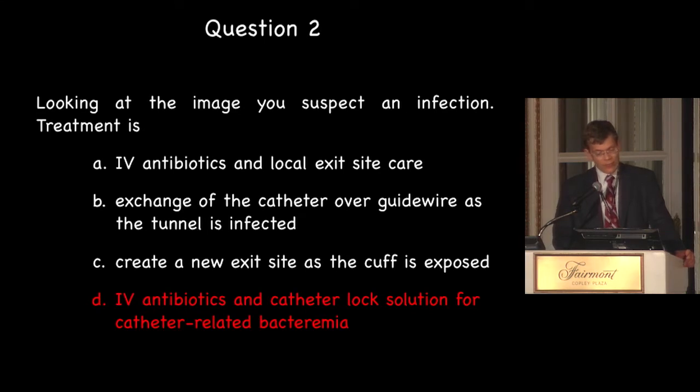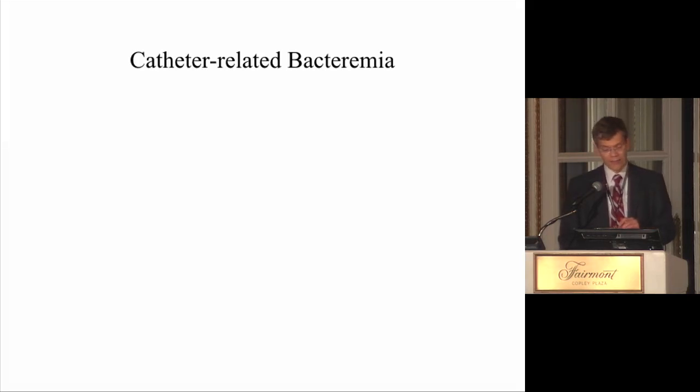Jumping to the last answer, so if the first image was a catheter-related bacteremia, then you could give IV antibiotics and catheter lock solutions. So there's a plethora of literature on catheter lock solutions and IV antibiotics and how it can rescue things.